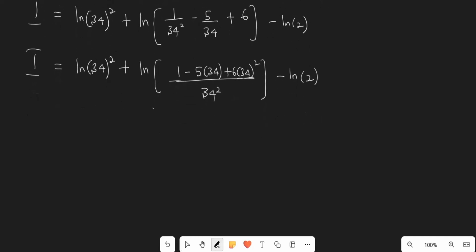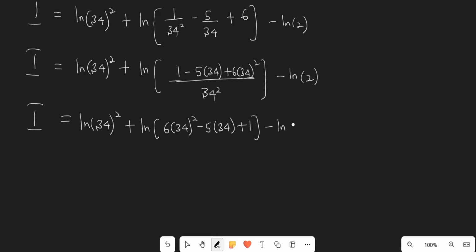Now let's apply the rule of logarithm here, and that is I equal to the ln of 34 squared plus the ln of 6 times 34 squared minus 5 times 34 plus 1, minus the ln of 34 squared, minus the ln of 2.